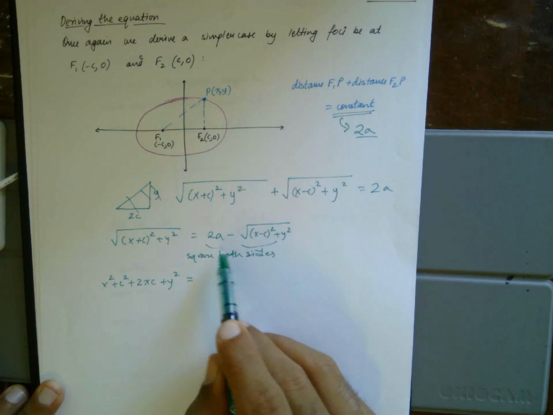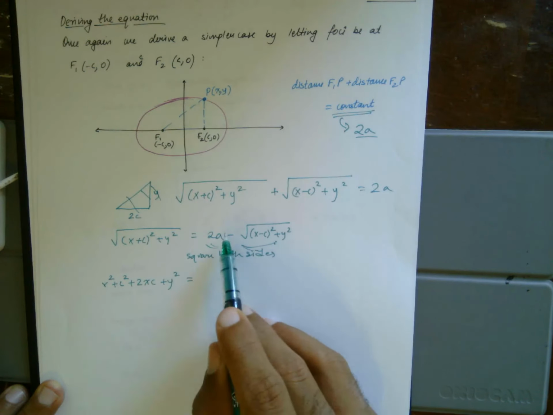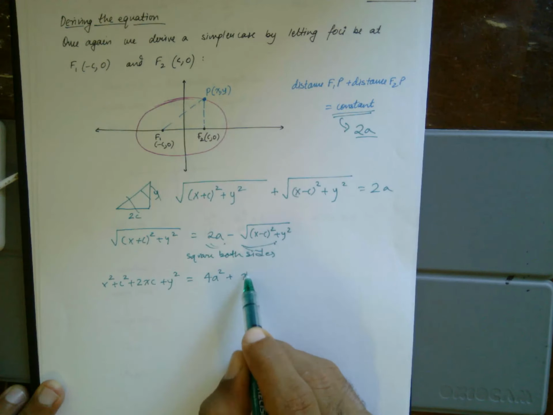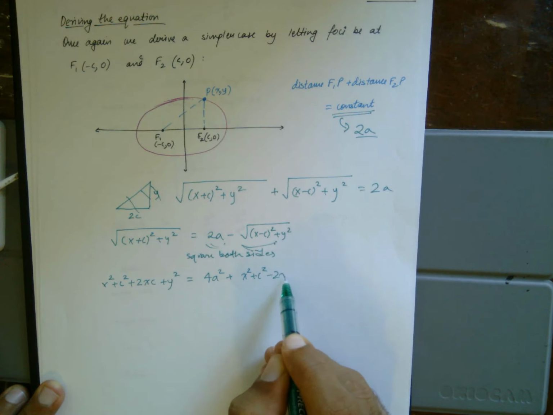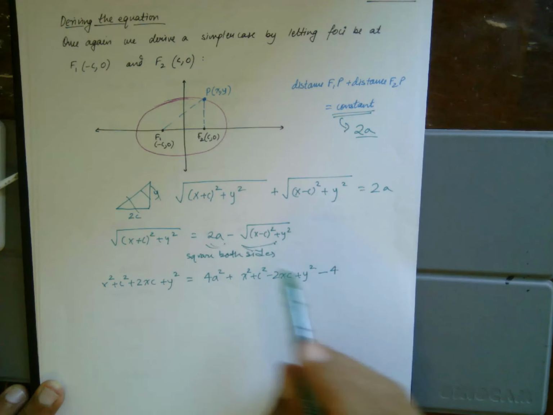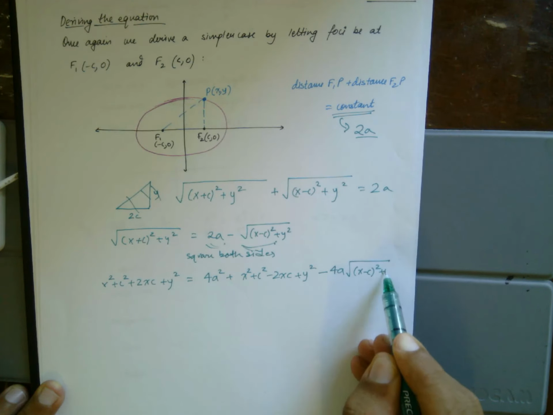So it's going to be a squared plus b squared minus 2 times the first term times the second term. So 4a squared plus x squared plus c squared minus 2xc plus y squared, minus 2 times 2a, which is 4a, times the square root of x minus c squared plus y squared.